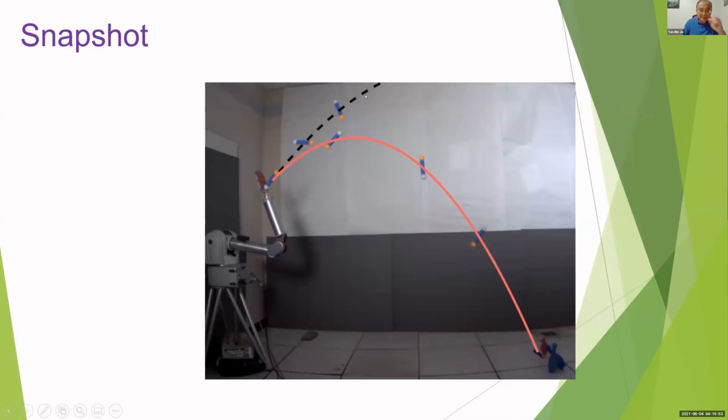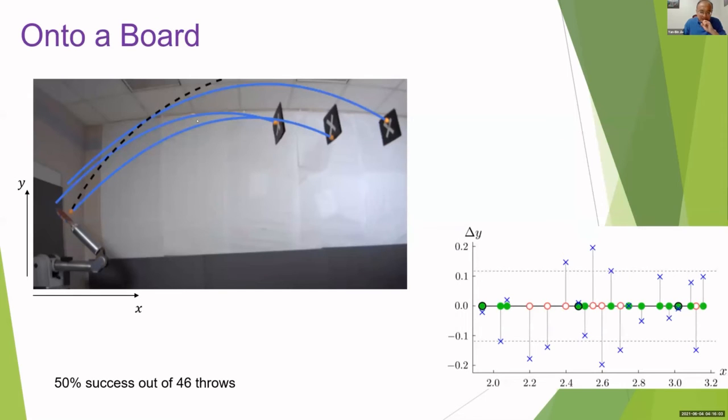Now, these superposed snapshots help visualize what happened in the second batting task of knocking down bowling pins. We did some measurements here, and these green dots represent the successes. These hollow dots represent the failures. When it hits the board, it's a success; when it's off the board, it's a failure.